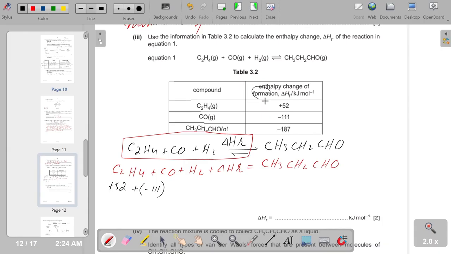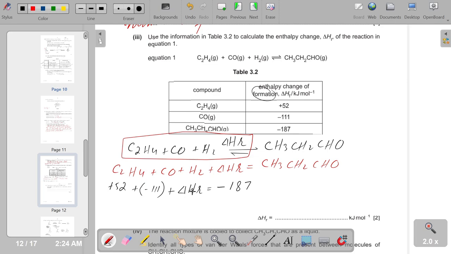So no formation value is given here. So plus, as I told you, this delta HR equals CH3CH2CHO. So what's the value of CH3CH2CHO? It is given as minus 187.